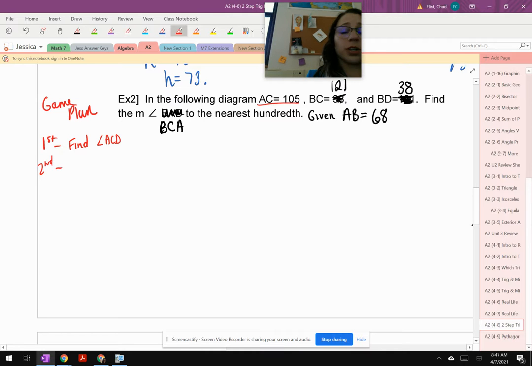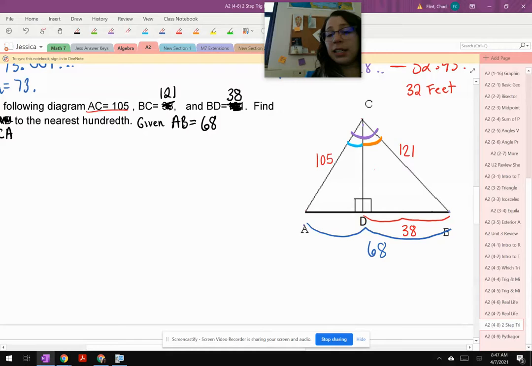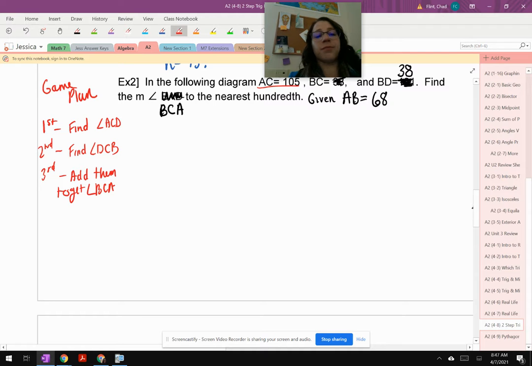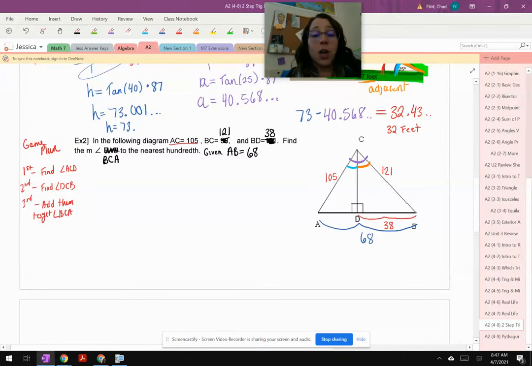Then, we're going to find angle DCB. And then third, we're going to add them to get my final answer of BCA angle. So that's my little game plan. That's what I'm going to work through here.